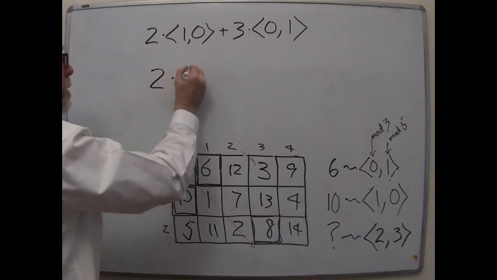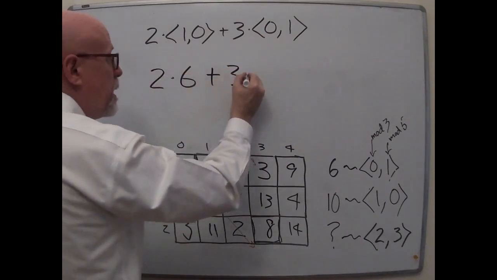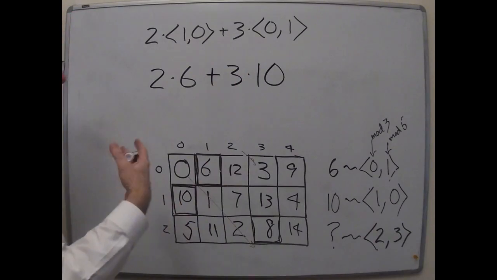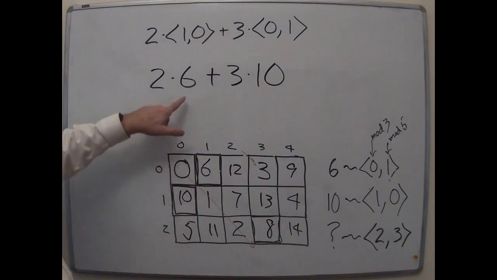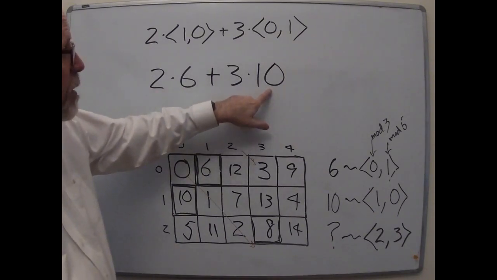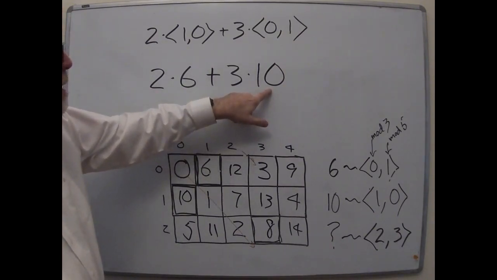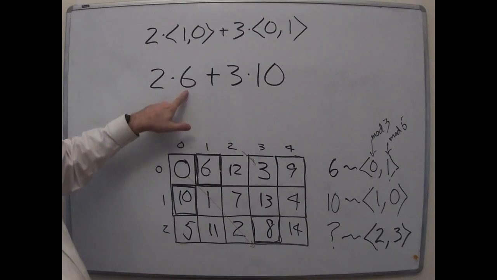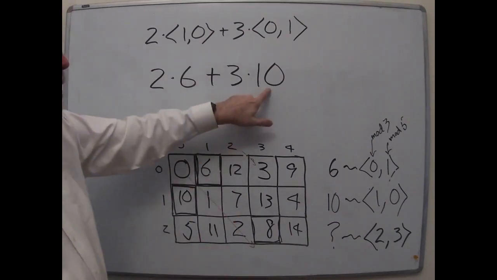If you did 2 times 6 plus 3 times 10, it's got the same effect. If you keep track of things mod 3, that's 0. If you keep track of things mod 5, that's 0. If you keep track of things mod 5, this one's 1. And if you keep track of things mod 3, that one's 1.